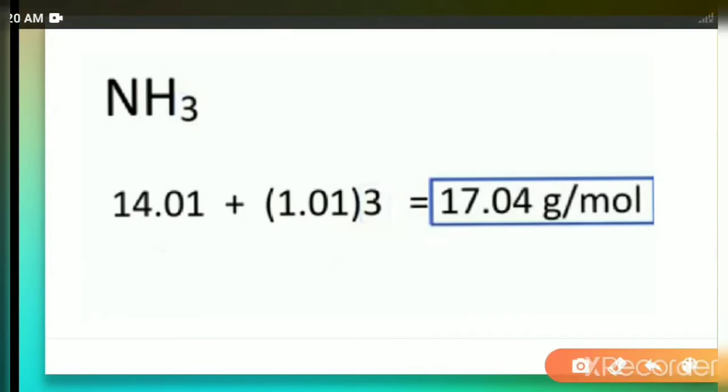The atomic mass of nitrogen is 14.01, which approximately can be taken as 14. Since there is only 1 nitrogen, we take 1 times 14.01, that is the number of atoms multiplied by the atomic mass of nitrogen, plus.